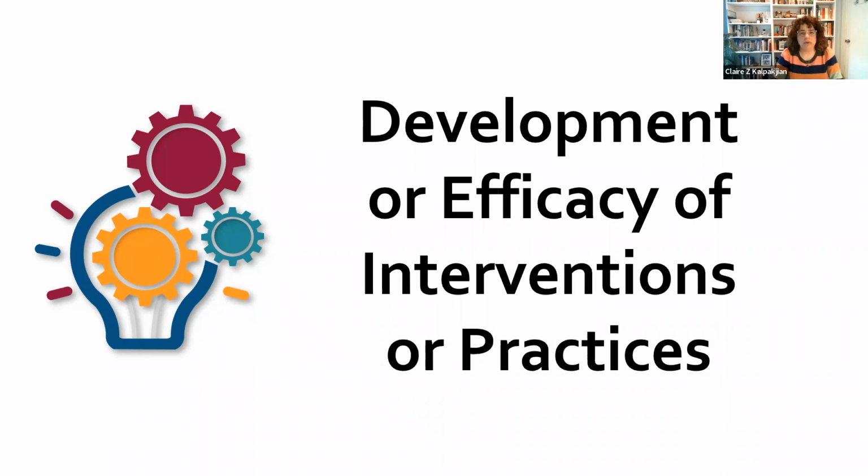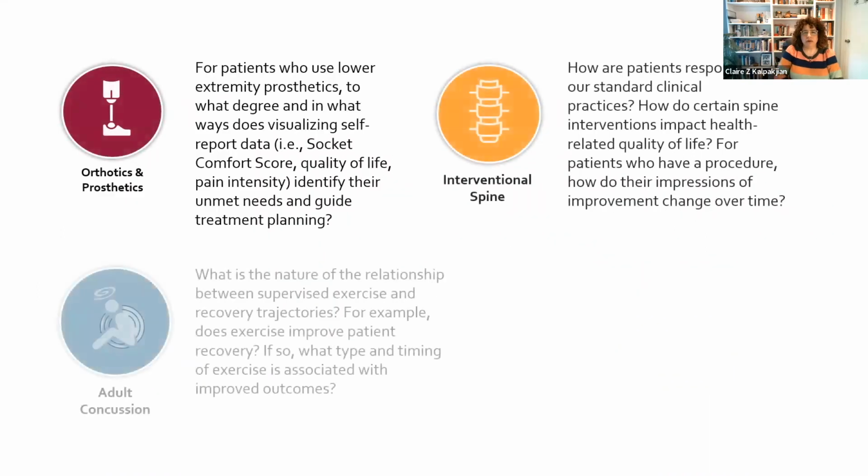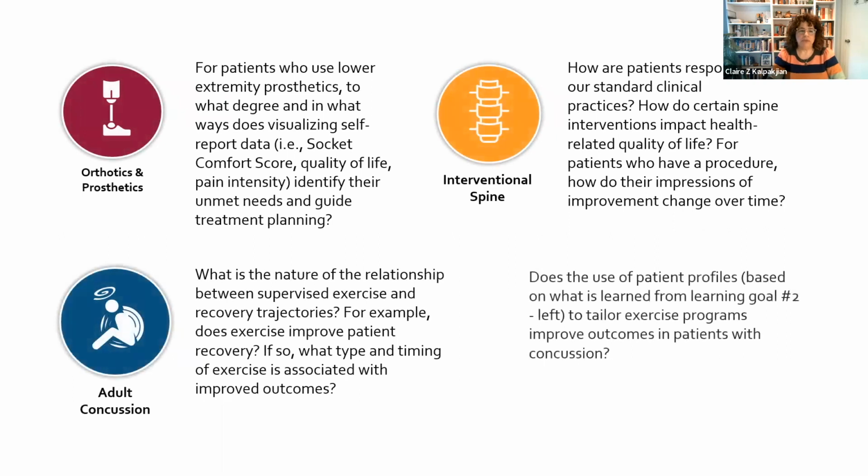Are people getting better like we're expecting? And if everybody isn't, are there some who are, and are there characteristics that we can start to understand of who gets better faster and so forth? So these are 3 examples of 3 teams. So the orthotics and prosthetics group are the ones that are beginning a little bit later.